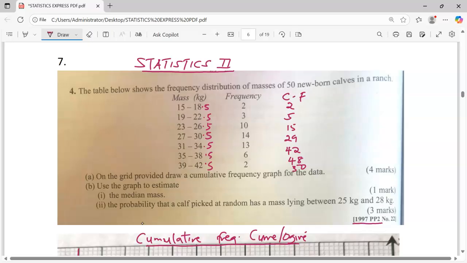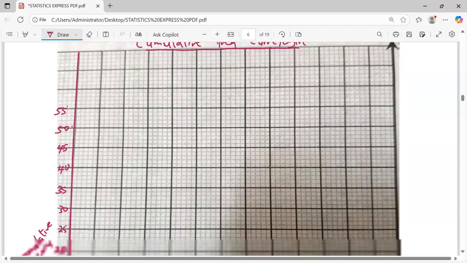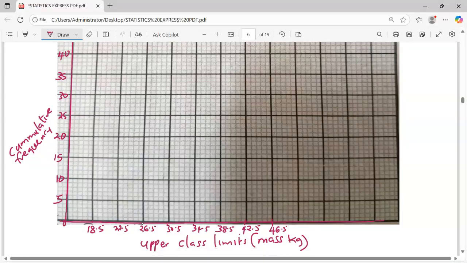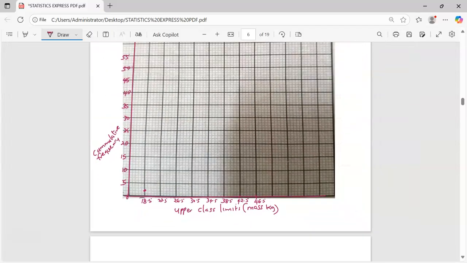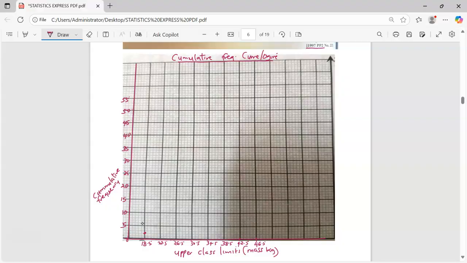At 18.5, the cumulative frequency is 2. At 22.5, we have 5. At 26.5, we have 15. At 30.5, we have 29.